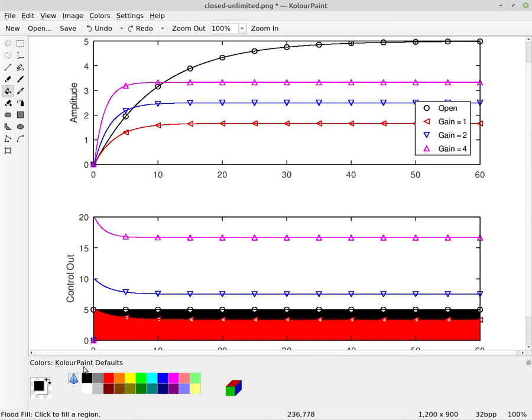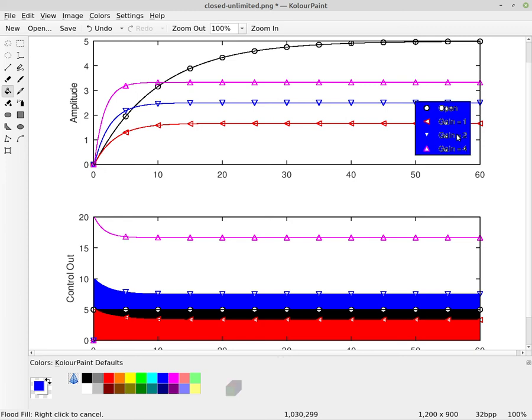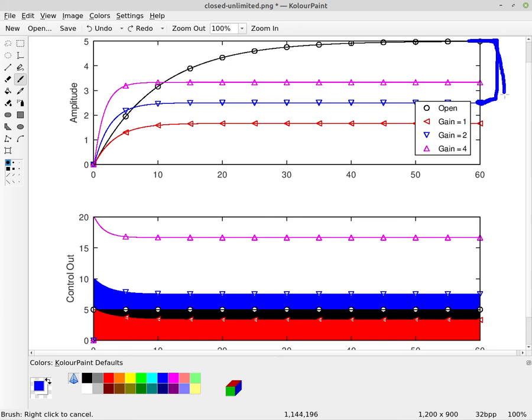But now when I pushed it with a gain of 2, it took more energy. It started all the way up at 10 and took a lot more energy. The final value now is slightly above 2, or actually looks like quite a bit more than 2.